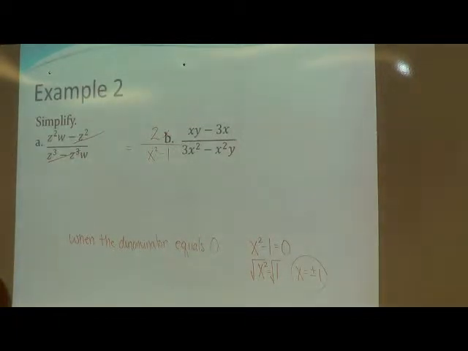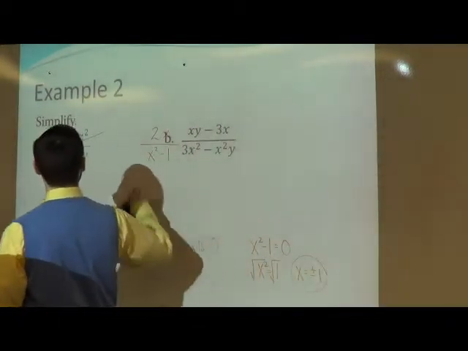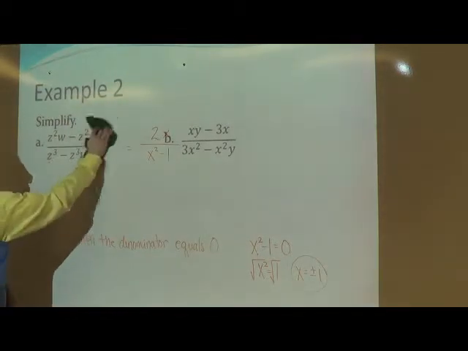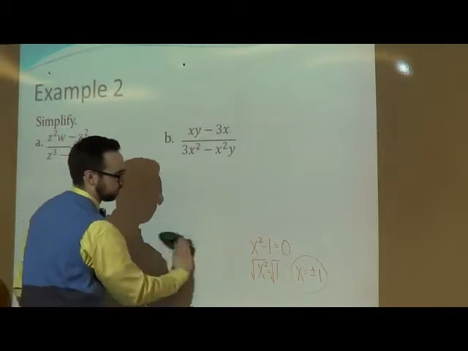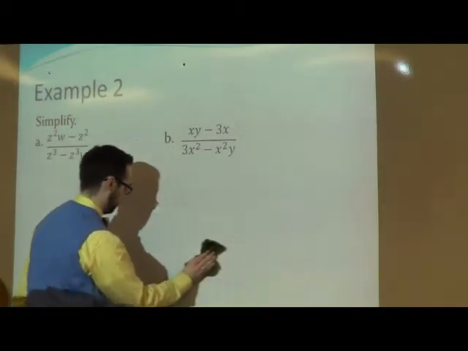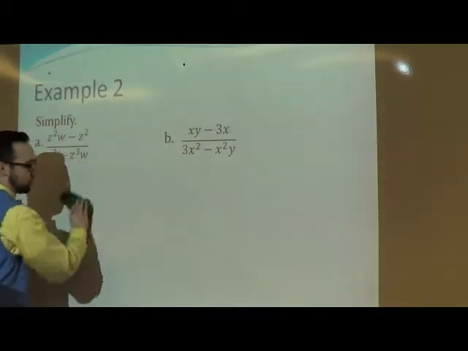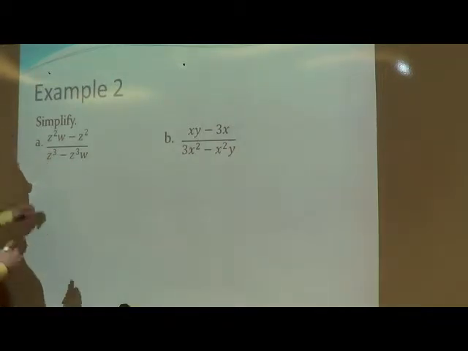Let's continue to simplify some of these. Now they're not factored for us already. We have to factor them to figure out what I can reduce and simplify. They don't ask us about discontinuities, so we don't have to answer that question every time. So how do I factor z squared w minus z squared?